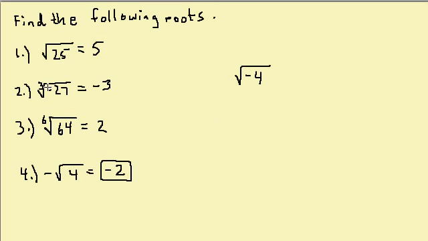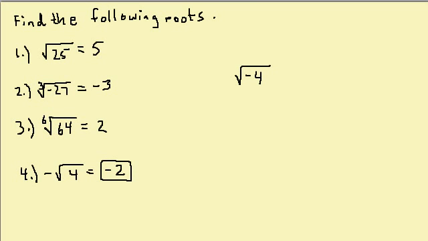Now notice here in number 2, we did have a negative number under the radical. But that's okay because the index is an odd number. As long as the index is an odd number, it's okay to have a negative under the radical. We just can't have a negative under the radical if the index is an even number.